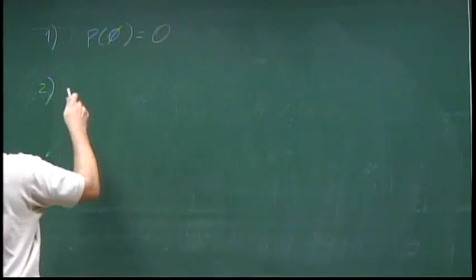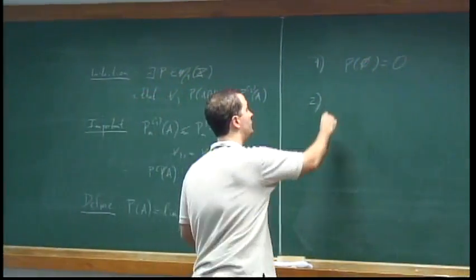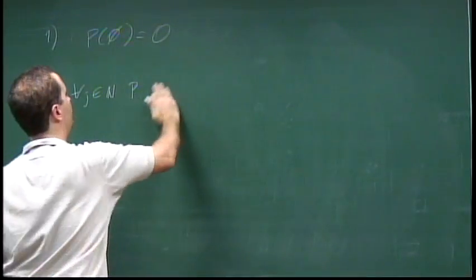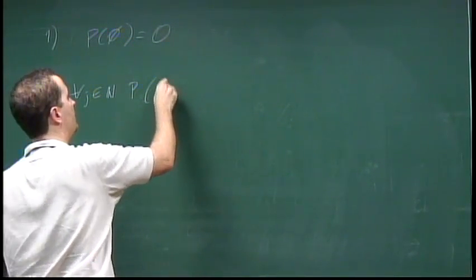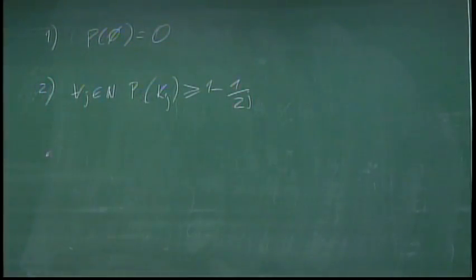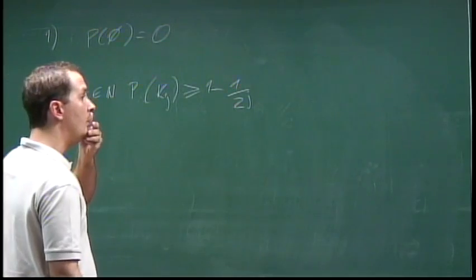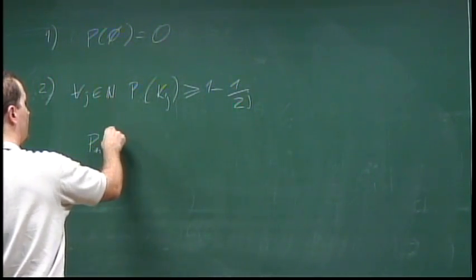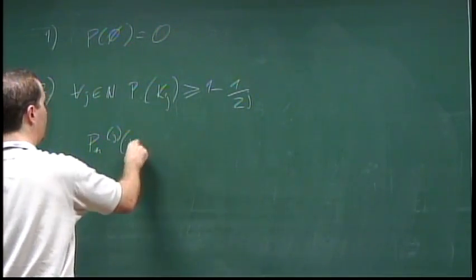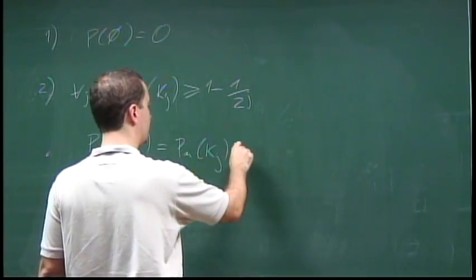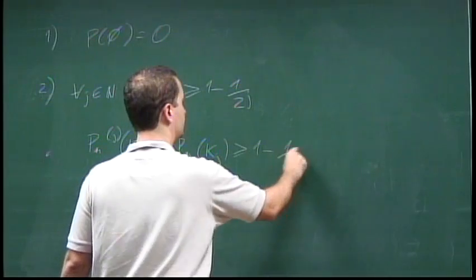So let me observe, before I notice that the whole space has measure 1, that for all j, P sub j of Kj is greater than 1 minus 2 to the minus j. Why is that? Well, if you look, what is P sub nj of Kj? Well, this is just Pn of Kj, which is greater than 1 minus 2 to the minus j.